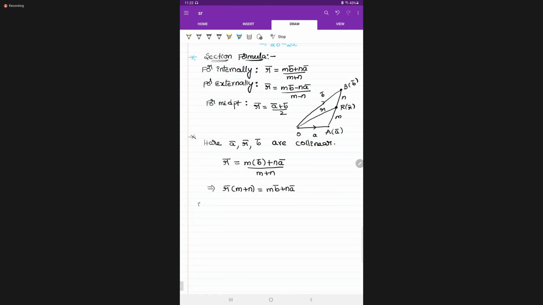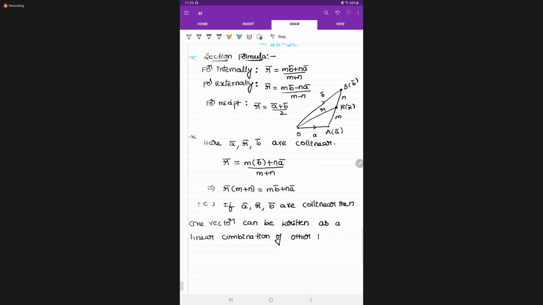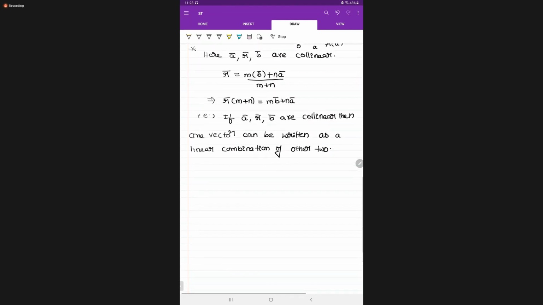That is, if A bar, R bar, B bar are collinear, then one vector can be written as a linear combination of the other two.